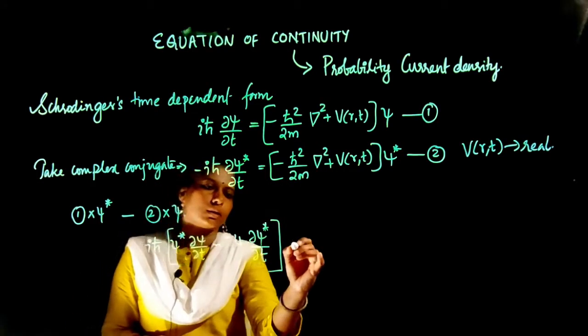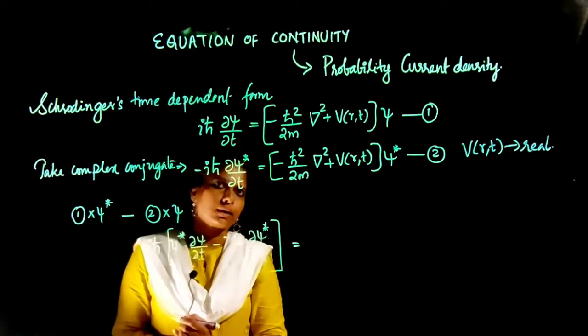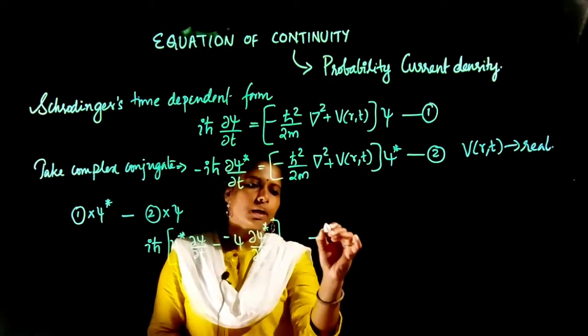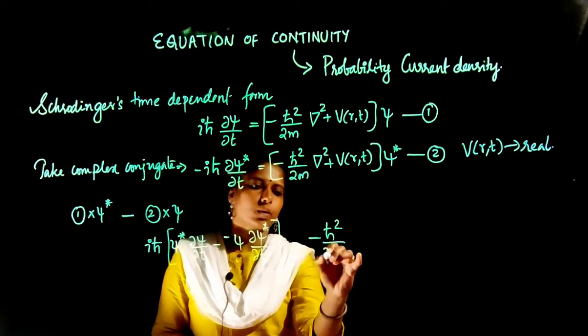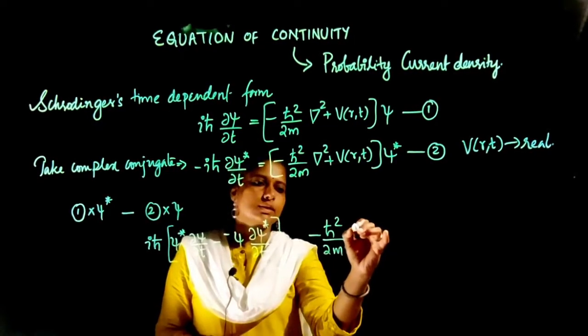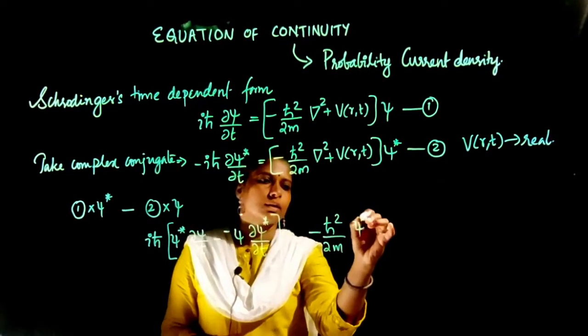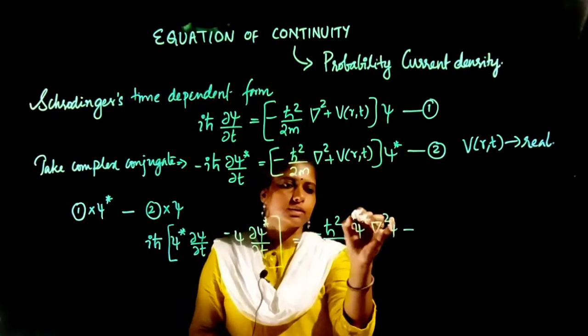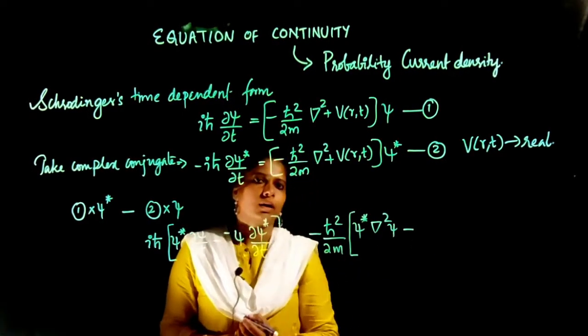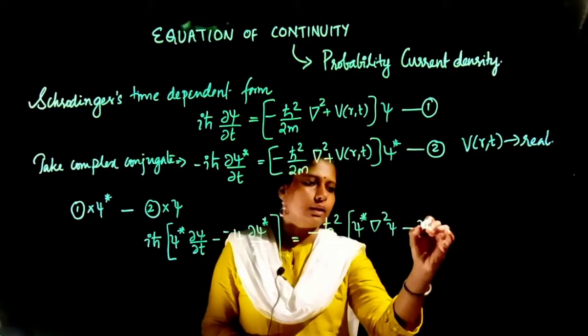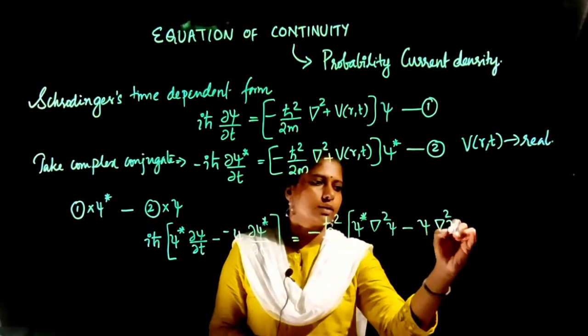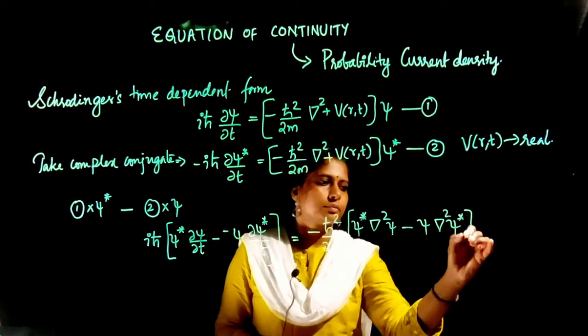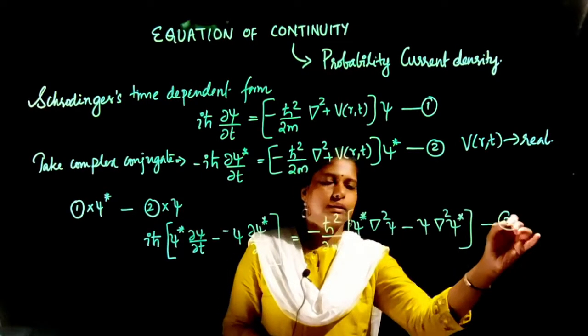That is equal to, on the right hand side, minus ħ² by 2m common, ψ* ∇²ψ minus ψ ∇²ψ*. Let's call it equation 3.